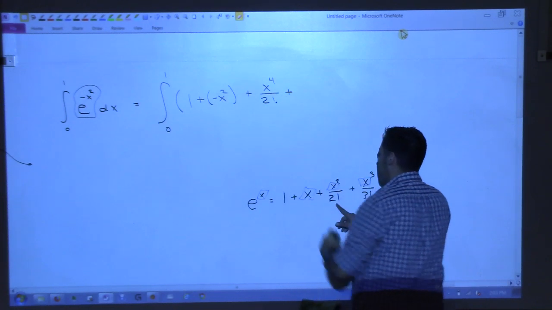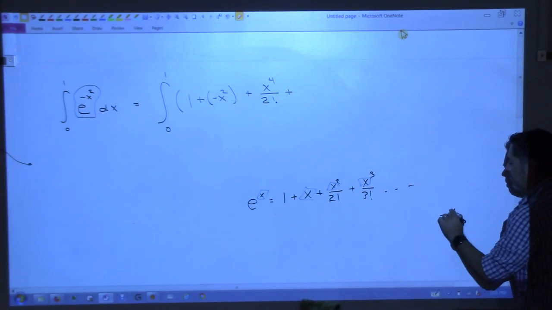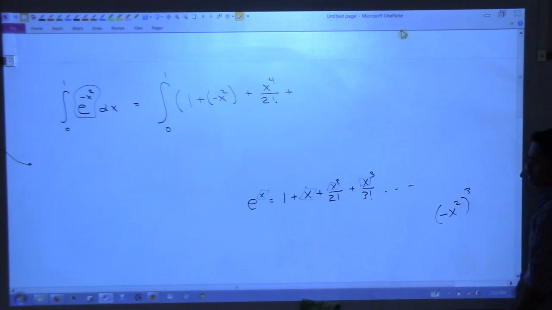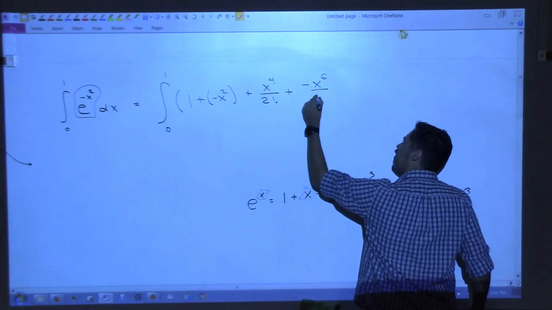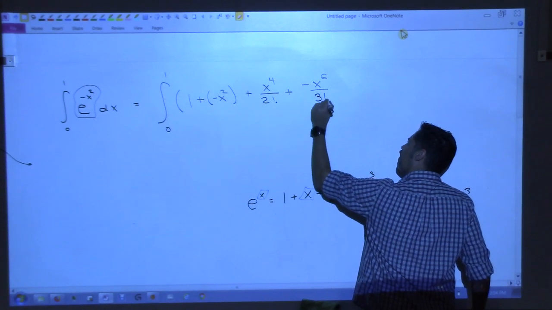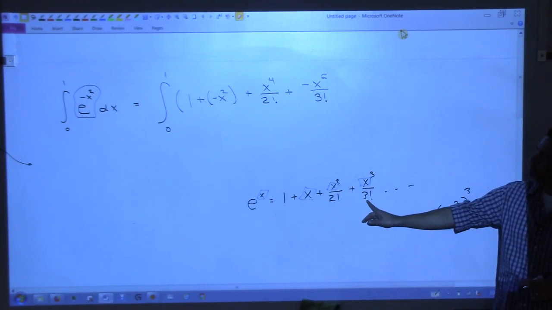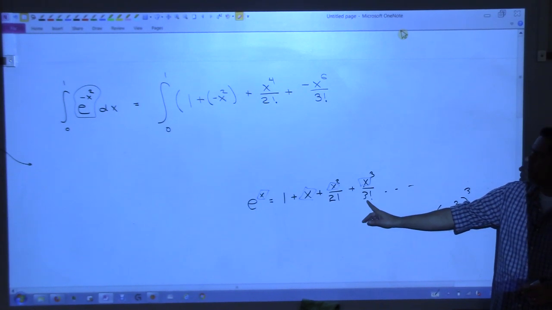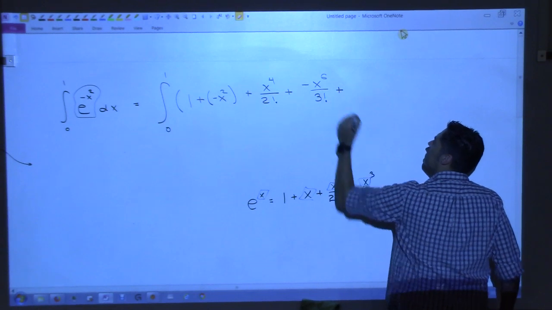Okay, plus. Now, what if we cube it? What's negative x squared cubed? Negative x to the 6th, over 3 factorial, right? That's where I am. Y'all following me? Okay, and then plus, let's see if we can get one more.